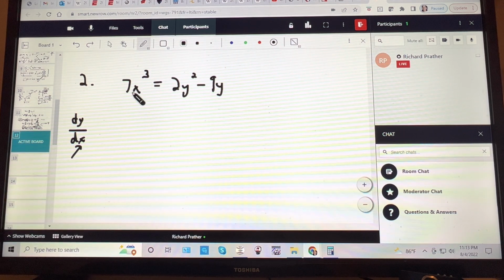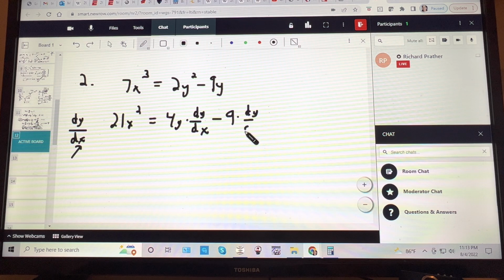So power rule here would be 21x squared. That one is x, so I don't do anything extra to it. Then 2 times 2, 4y to the first, but I got to attach a dy over dx to that. Minus the derivative of 9y is 9, and then attach a dy over dx to that.